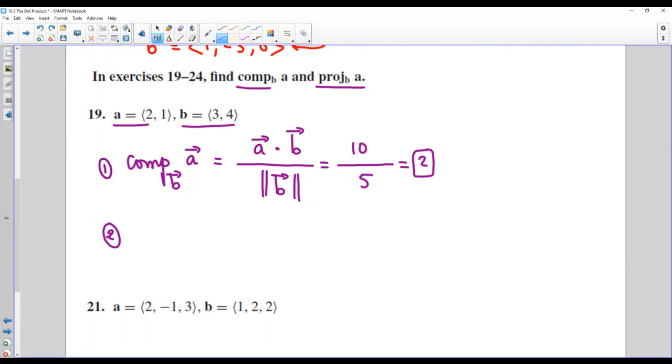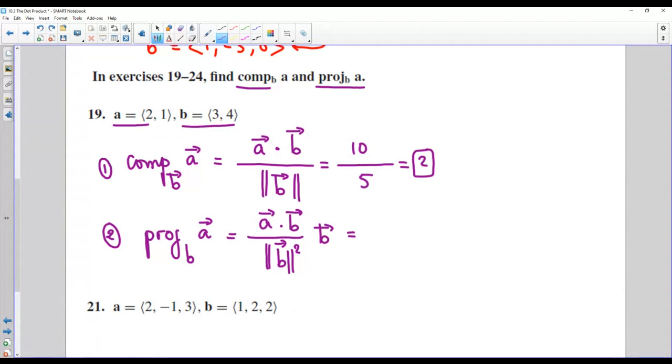Okay, so we need to find the projection of A. This time, you may remember, it's the dot product A times B over the magnitude of B squared, multiplied by the vector B, like this.